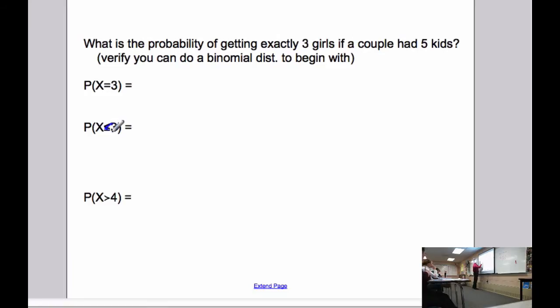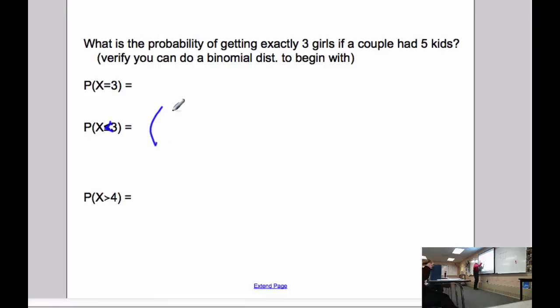Let's just make this less than 3. What is the probability of getting exactly 3 girls if a couple had 5 kids? Let's just assume the probability is 0.5 and 0.5. Okay? Probability that x is less than 3, which is what? 2, 1, or 0. Not 3, 2, 1, or 0, because it's less than 3. It's just 2, 1, or 0.